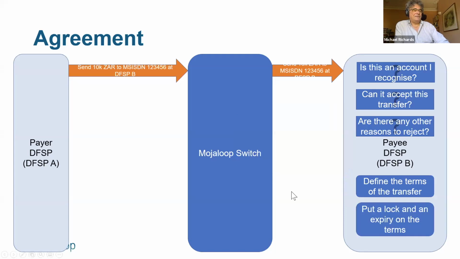So when I define the terms of the transfer, I put a lock on those terms. Now, we've talked a lot about cryptographic locks, and this is the point where the payee does that. And the way it does it is simple enough, by signing the content of the terms of the transfer with a private key. So it does that, and it winds up with a value which we call the fulfillment. It then puts that fulfillment through a one-way hash.